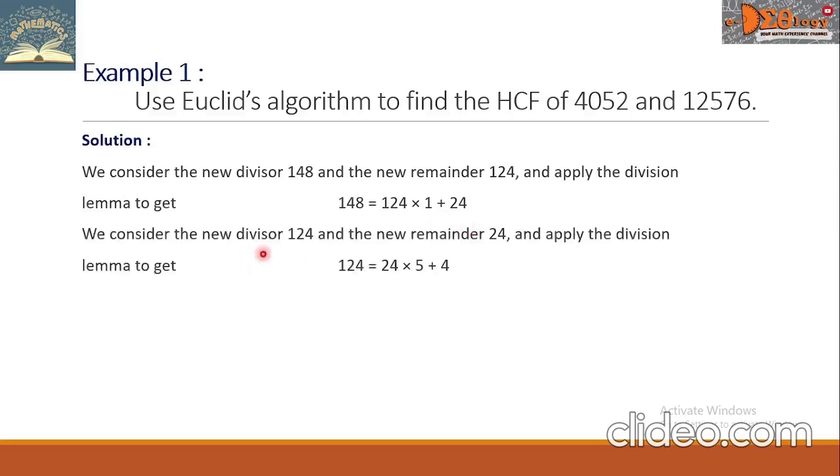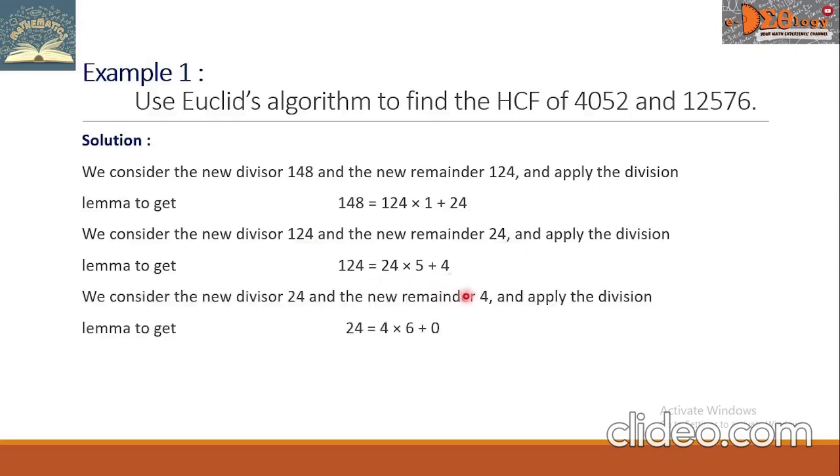We consider the new divisor 124 and the new remainder 24. We divide 124 by 24. So we get this equation. 124 equals 24 times 5 plus 4. We consider the new divisor 24 and the new remainder 4. We divide 24 by 4.